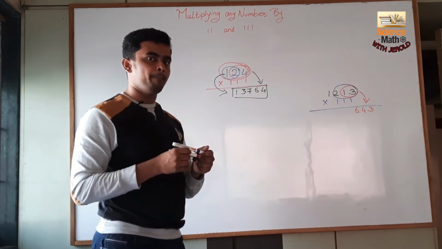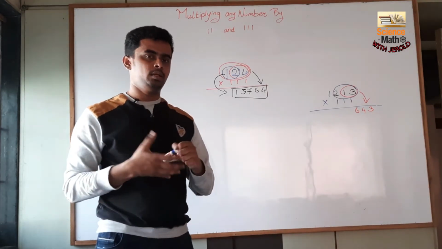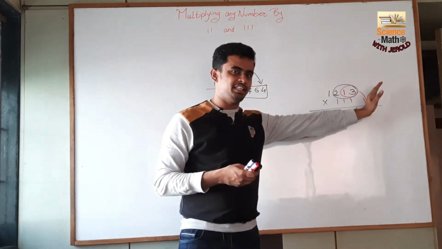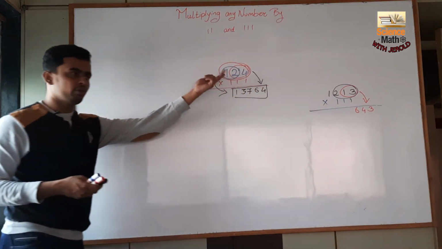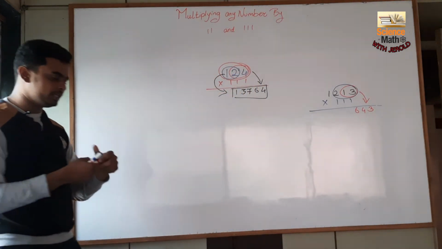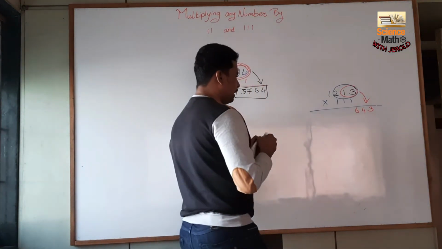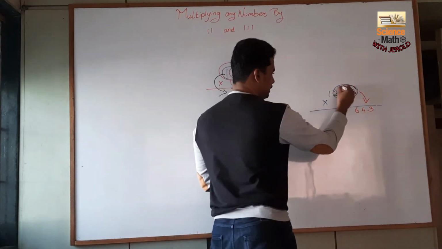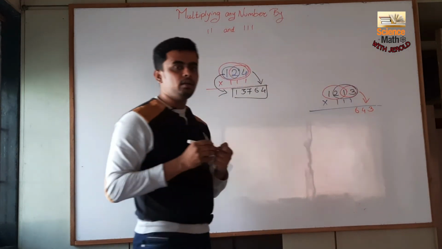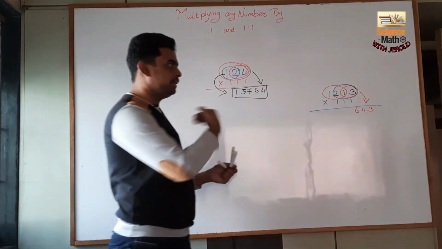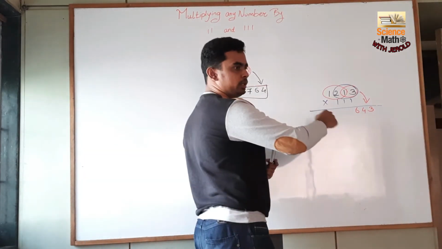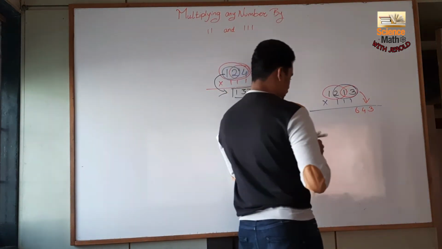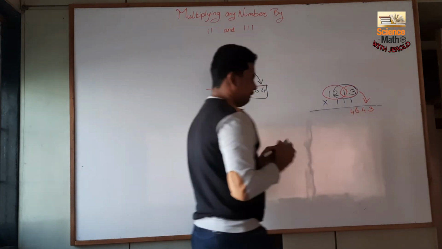Now we are done with these 3 numbers. As we did for 2 digits, we moved on to these 2 digits. Similarly, we'll move on to these 3 digits. So 1, 2, 1 is my new 3 digits that I have to consider. So 1 plus 2 is 3, plus 1 is 4.